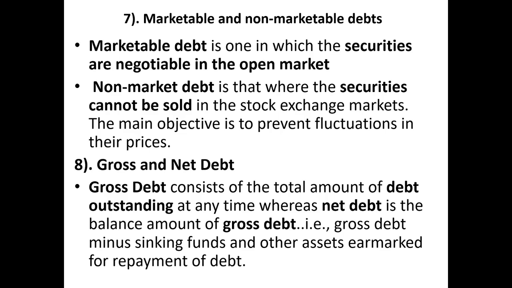Next we have gross and net debt. Gross debt consists of the total amount of debt outstanding at any time, whereas net debt is the balance amount of gross debt. What is the balance?